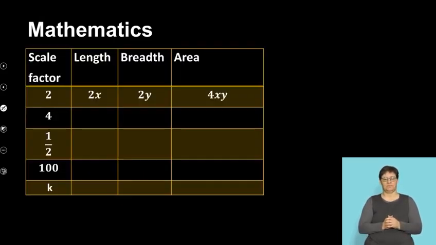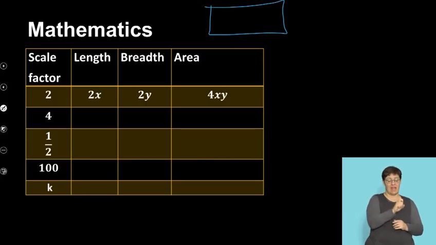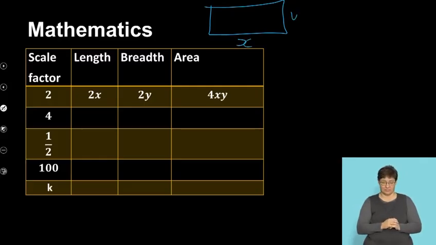We're now going to look at what would actually happen if I've got different scale factors introduced for this rectangle. Just a reminder, I was using the rectangle that had a length of x and a breadth of y. Let's look at our table.